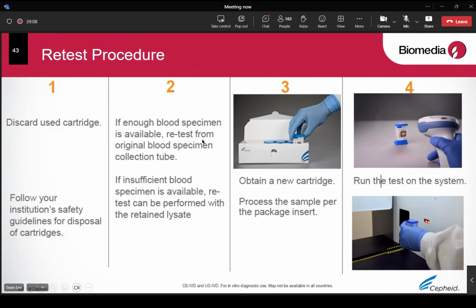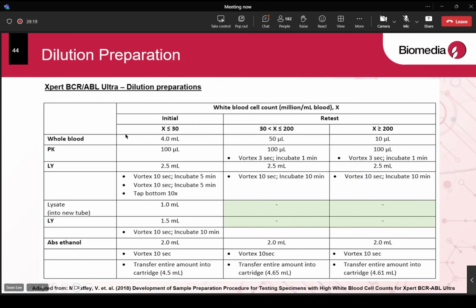If you have enough blood specimen, retest again. If you have the lysates, then use the lysates to repeat again. Then you get a new cartridge and start again. To prevent those errors, we have developed this table. This table is adapted from this paper.